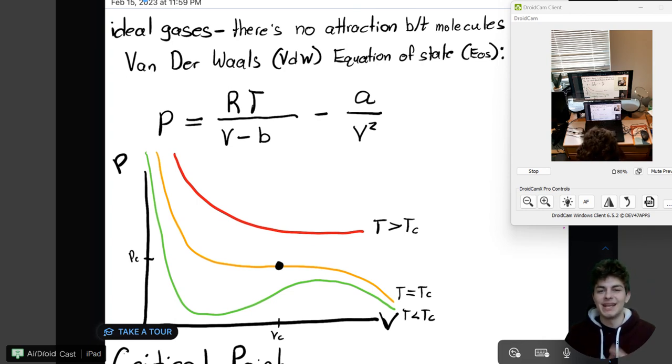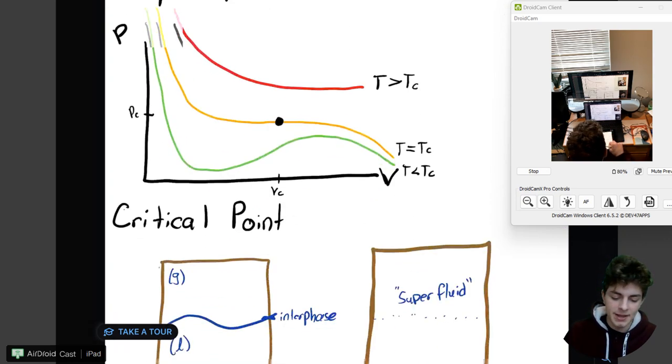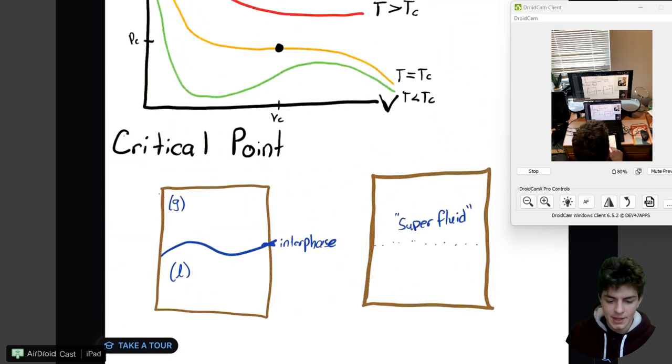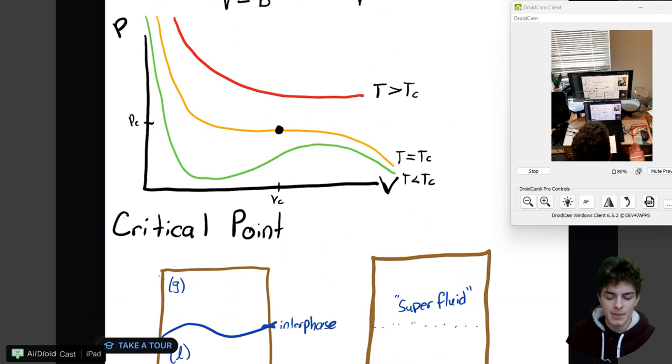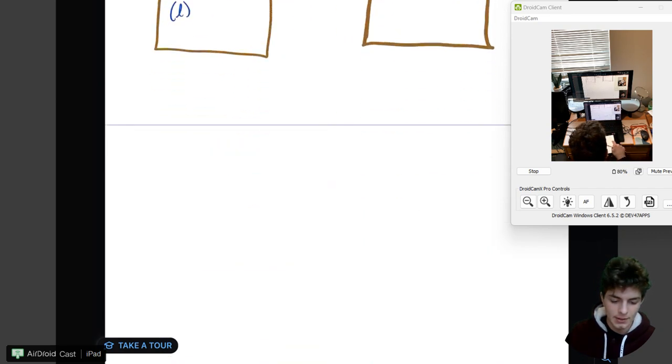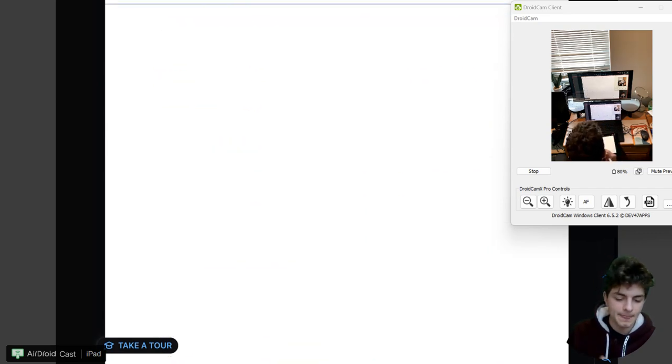That is a really interesting observation that van der Waals made and talked about in his Nobel Prize lecture. So from this observation, we can theoretically derive some expressions for our coefficients A and B. Let's go ahead and do that right now.